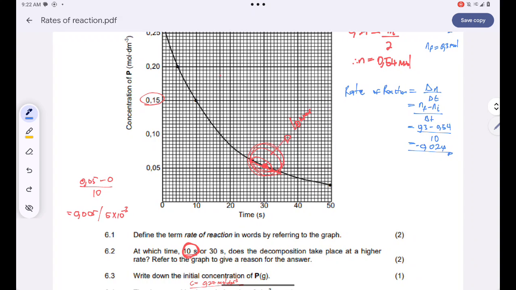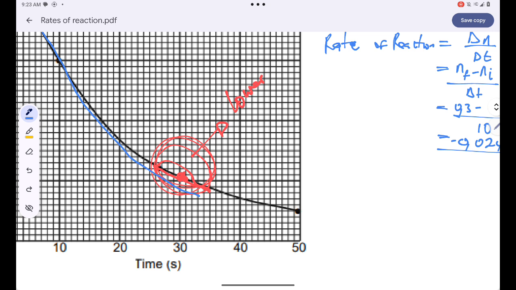Don't worry, guys, about the sign over there, because the sign just tells you that you are dealing with a negative slope. So basically the rate of reaction, I don't have space. Let me just write the rate of reaction is 0.024 moles per second.